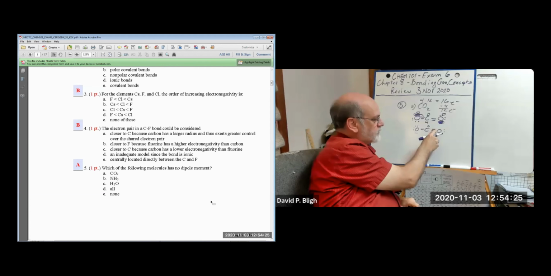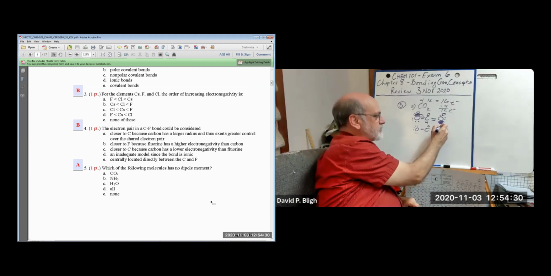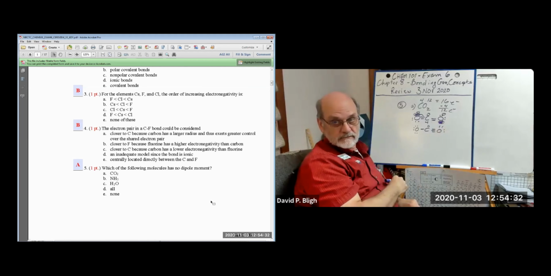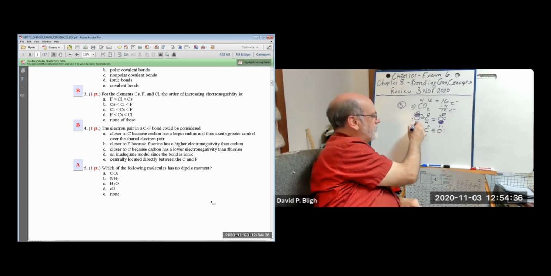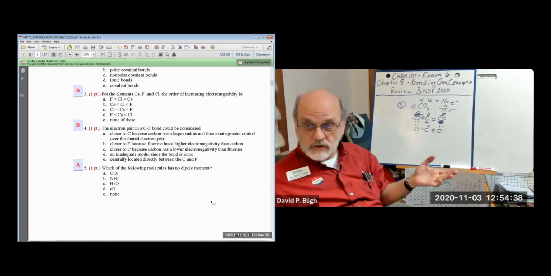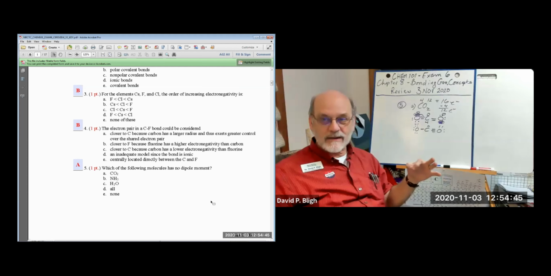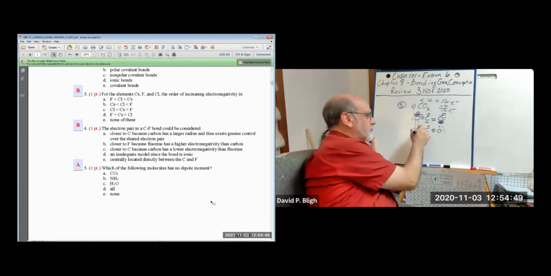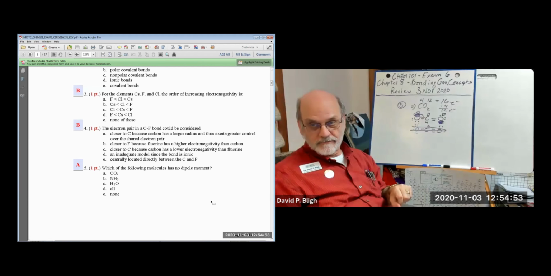This oxygen has 1, 2, 3, 4, 5, which means it's plus 1. And this one has 2, 4, 6, 7, minus 1. So which one do you choose? Choose the one with the formal charges for the most atoms that are close to 0. So that's why that one is the correct one.